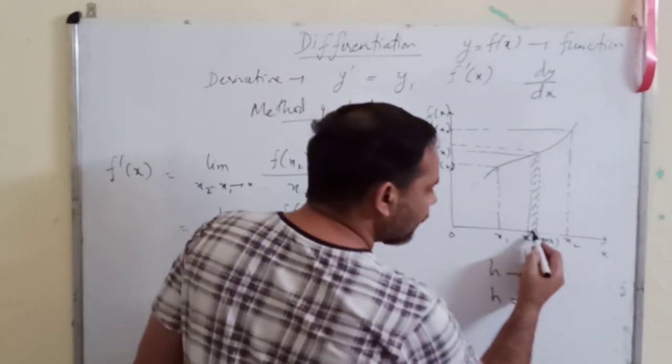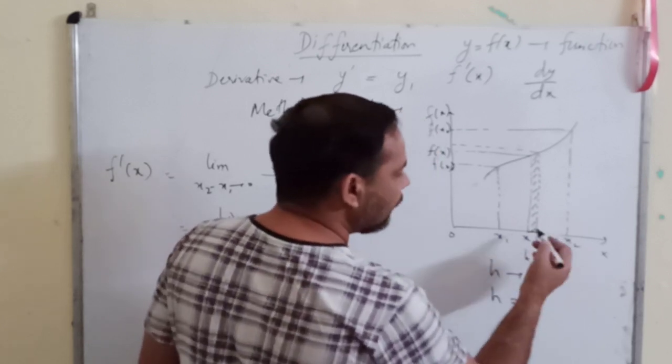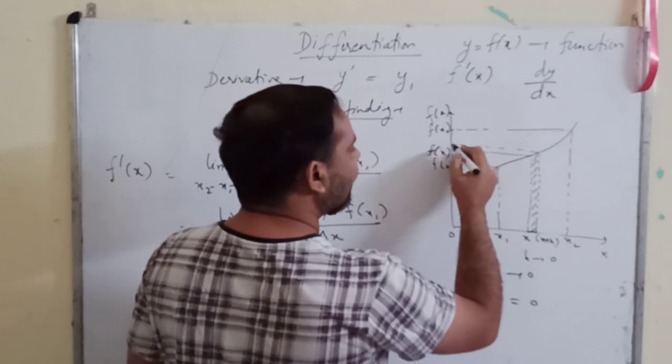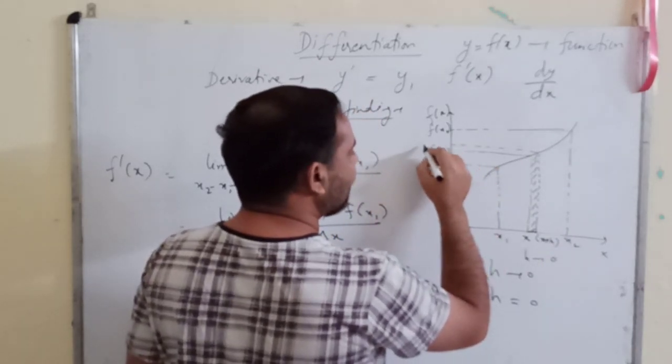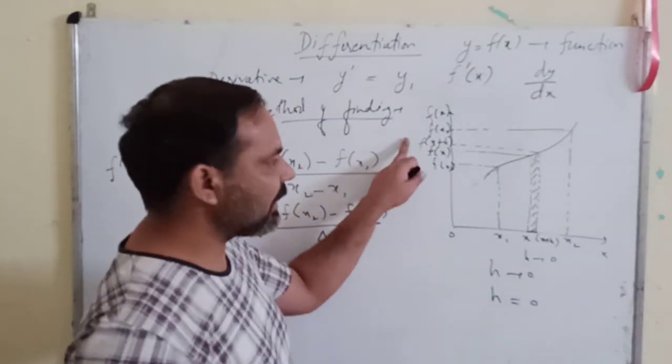So this gap is so small, and you will get another value of the function, f of x plus h.